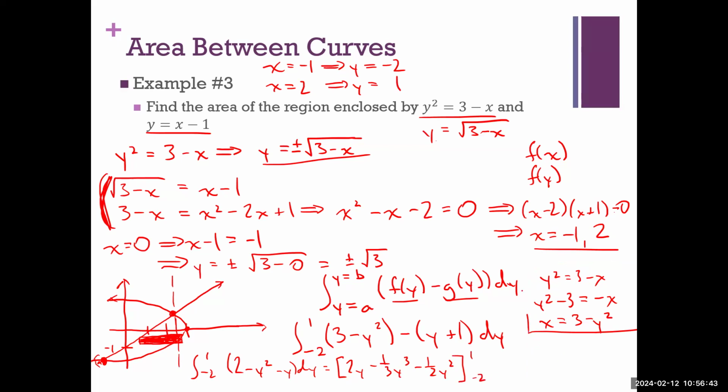Really running short on space now. So 2 minus 1/3 minus 1/2 minus what happens when I put in -2. I get minus 4 minus 8/3.